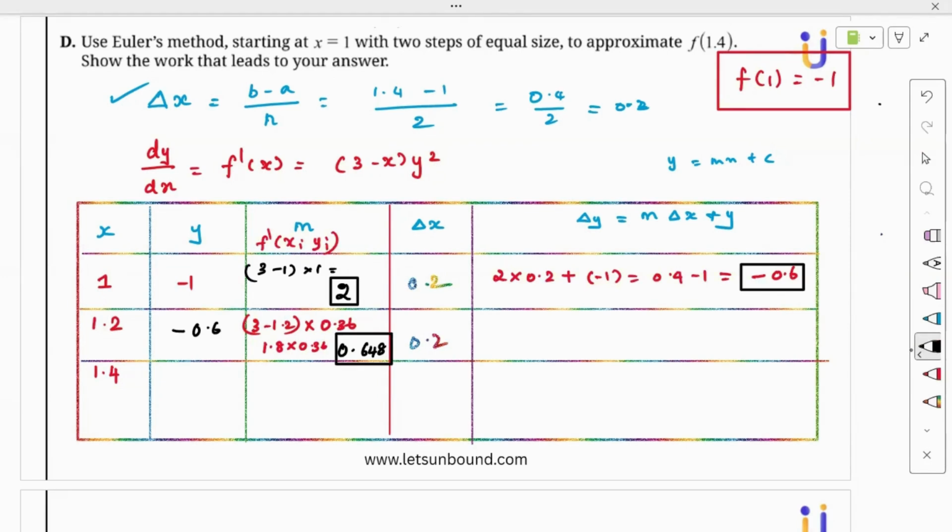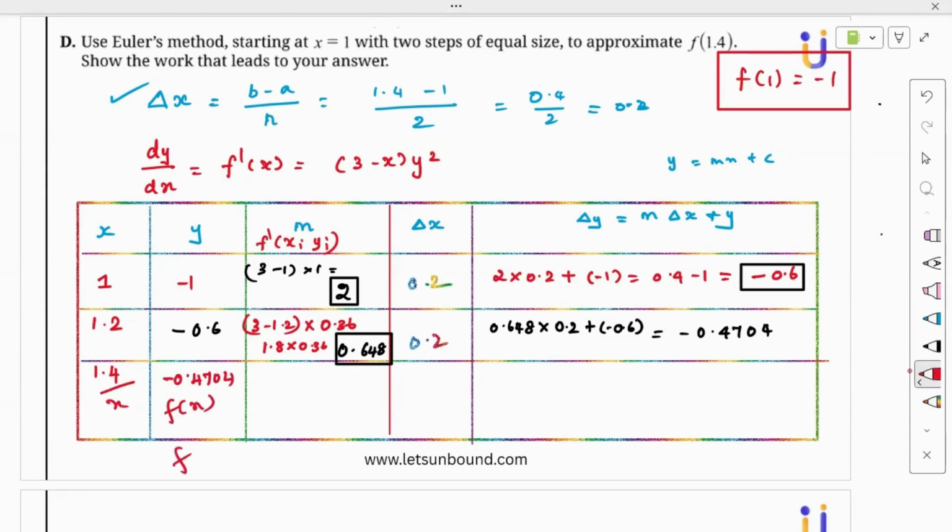Okay, now do the same process. What is your m? 0.648 times what is your del x? Fixed at 0.2, plus what is your y? Negative 0.6. And do the process. You will get negative 0.4704. That's it. So now this will be our new y, and we don't want to continue further because we need f of x.